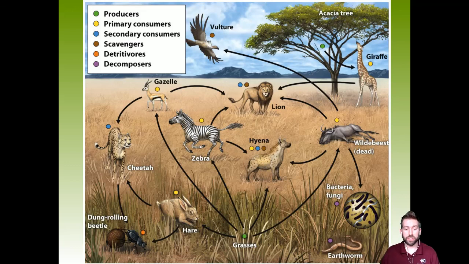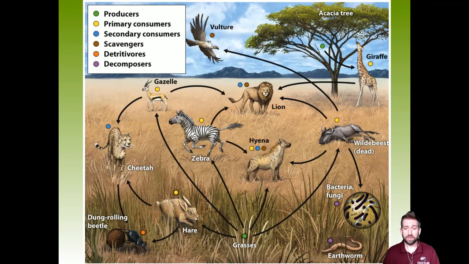And you can actually see that here in this food web. You can see that the hyena itself has 3 different labels. It is a primary consumer, it is a secondary consumer, it's a scavenger, and you can see all of these different arrows coming from grass going out to the detritivores, decomposers, all the different levels of consumers. And it does get a little crazy.